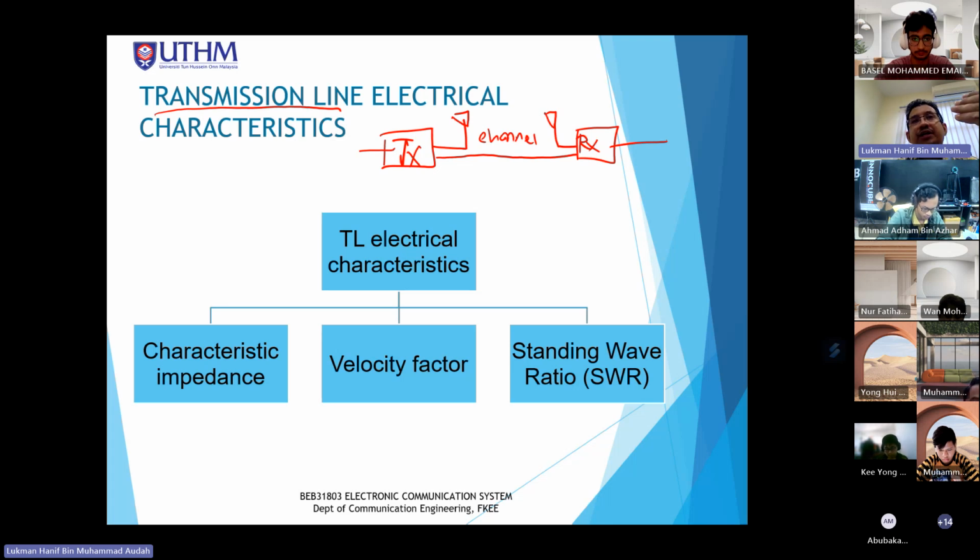It can be wired, it can be wireless also. For the transmission line characteristics, there are three important things. The first one is the characteristic impedance, we call it Z0. Then velocity factor, VF. And another one is the standing wave ratio, SWR.